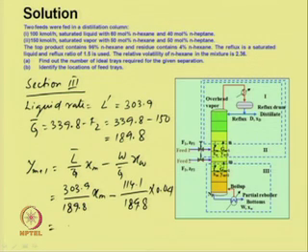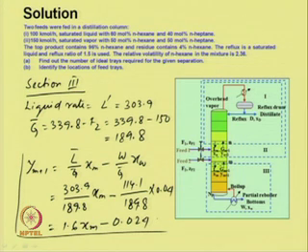So, which would be 1.6 x m minus 0.024. So, this is the operating line equation in the stripping section.